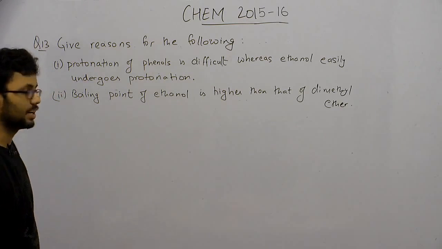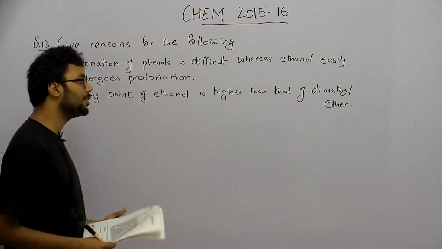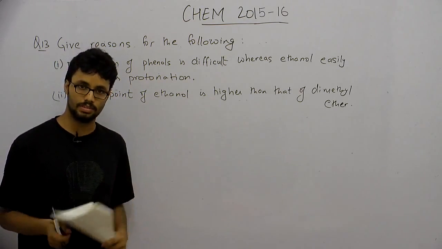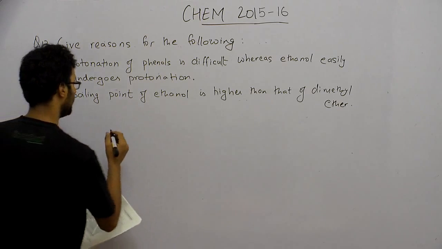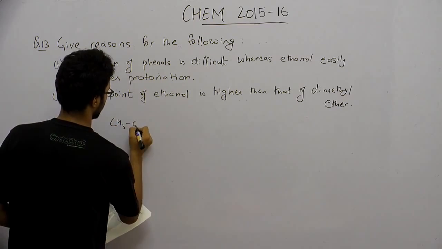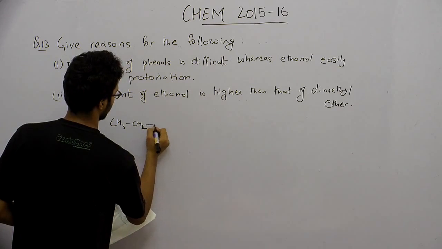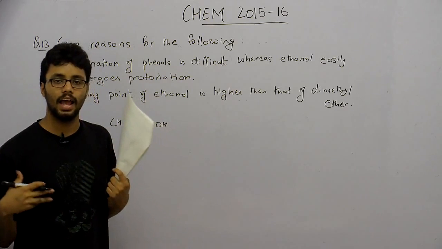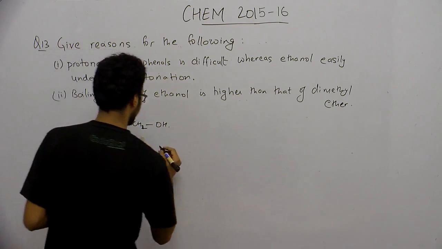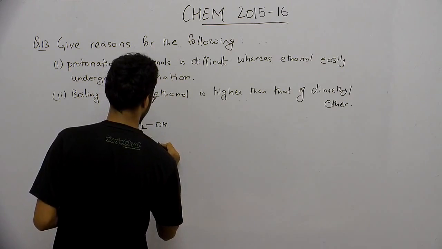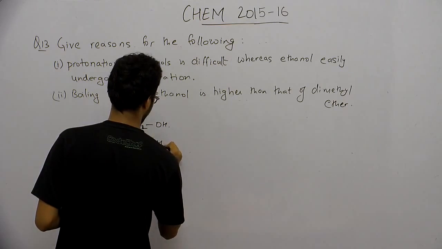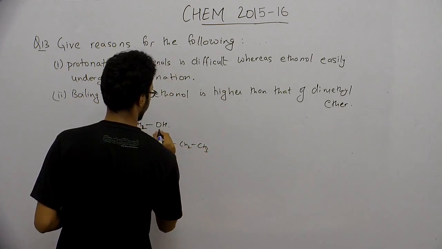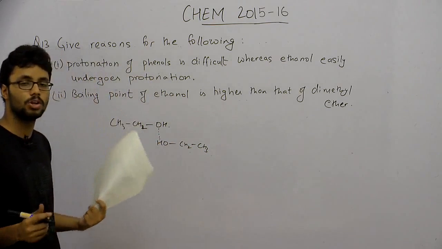The second part is, the boiling point of ethanol is higher than that of dimethyl ether. We all know that in ethanol there is hydrogen bonding between two ethanol molecules.